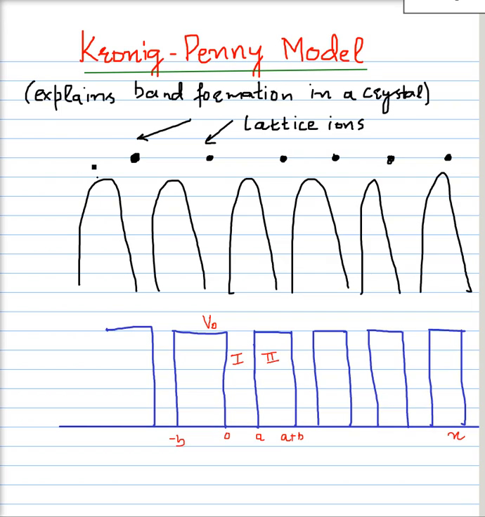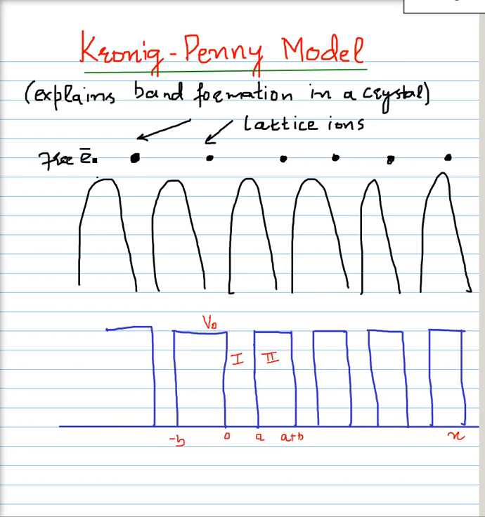Now suppose we have an electron, a free electron. How do we visualize this free electron? What I have drawn here, these black dots which are visible to you, are the atoms in a crystal. These atoms can become ions when they lose electrons and become charged.